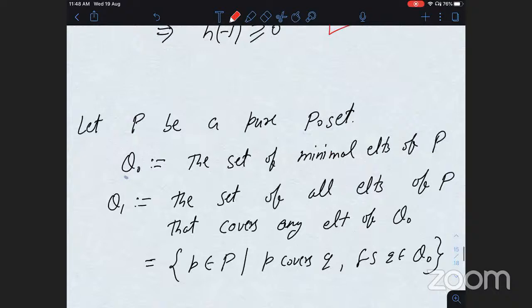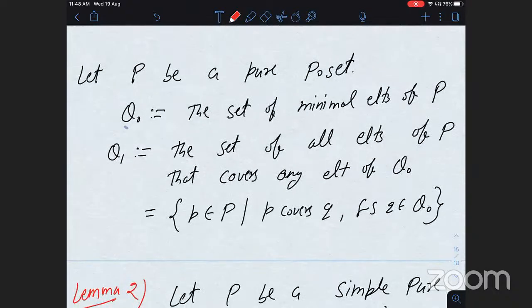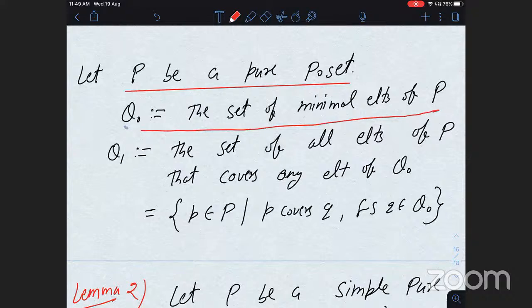Okay, so before stating the next lemma, let me define something. Let P be a pure poset. Let Q0 be the set of all minimal elements of P, and Q1 is the set of all elements of P that cover any element of Q0. That means Q1 is the set of all elements p in P such that p covers q for some q belonging to Q0.